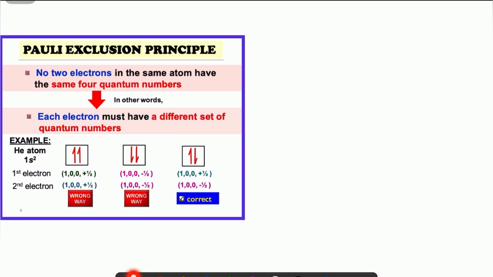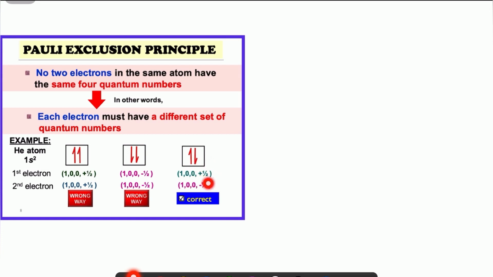Okay, and then you can see that the first 3 quantum numbers are the same and equal to 1 for both of the electrons. l is 0, m is 0, but the difference is spin.